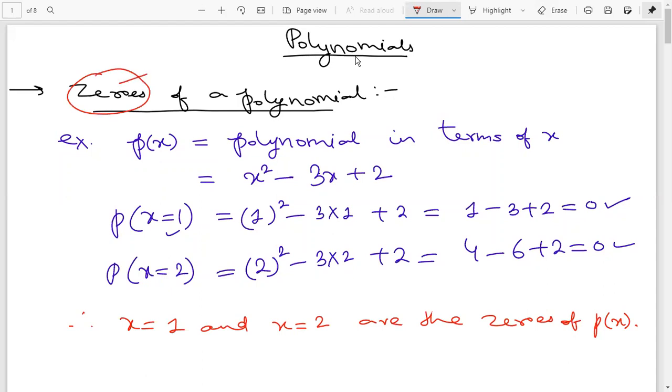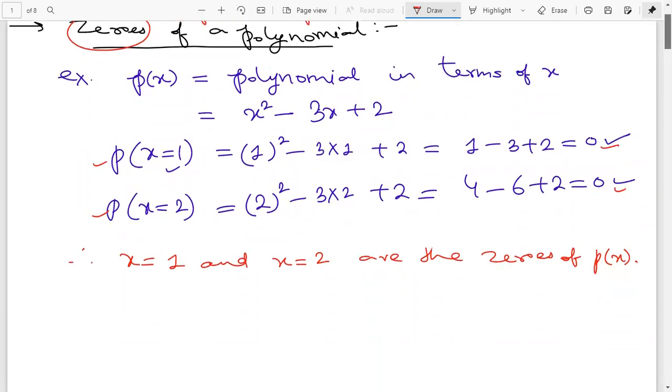Zeros are nothing but the x values for which p(x) is 0, that means the polynomial value is 0. This was, we can say, the reverse method. We assumed these values and got 0, meaning p(x) value 0. So x equal to 1 and x equal to 2 are the zeros of the given polynomial.